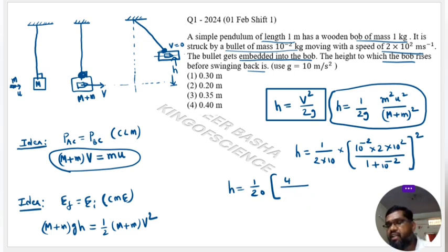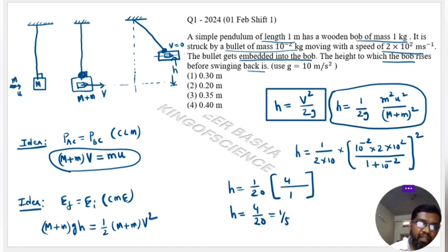So what will be the answer? h is 4 divided by 20, so 1 by 5, approximately 0.2. So this is the easiest way of solving this type of problem. You remember the ideas. Okay, thank you.